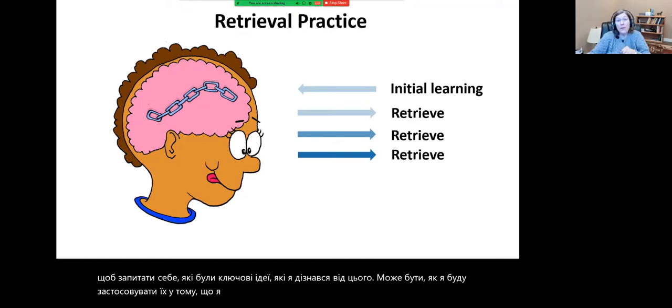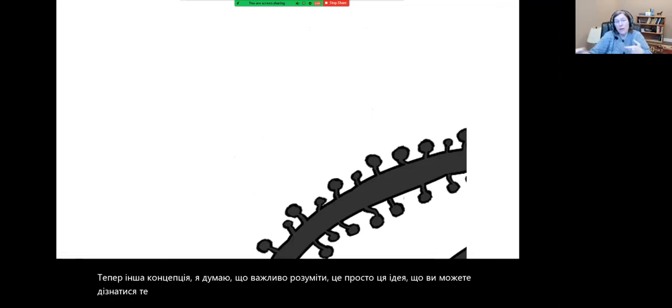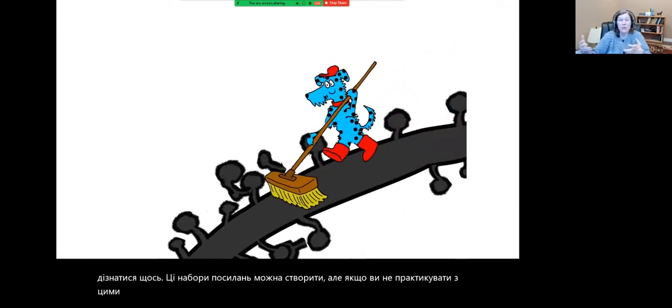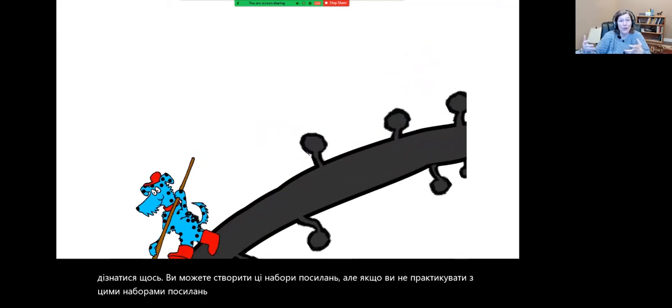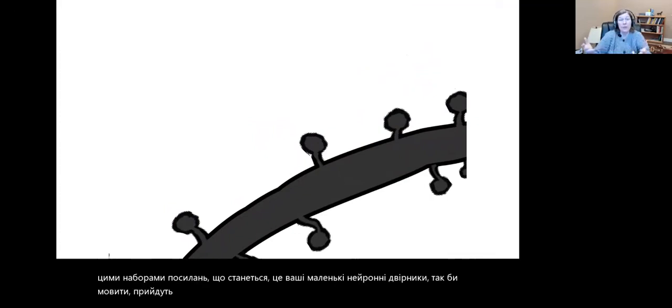Now, another concept that's important to understand is that you can learn something and create those sets of links, but if you do not practice with them, your little neural janitors, so to speak, will come by and sweep those sets of links away because you haven't been using them.